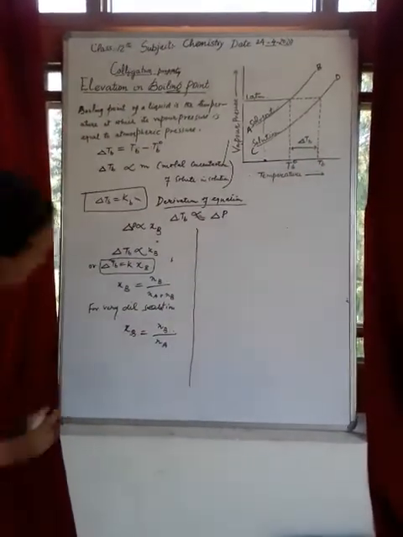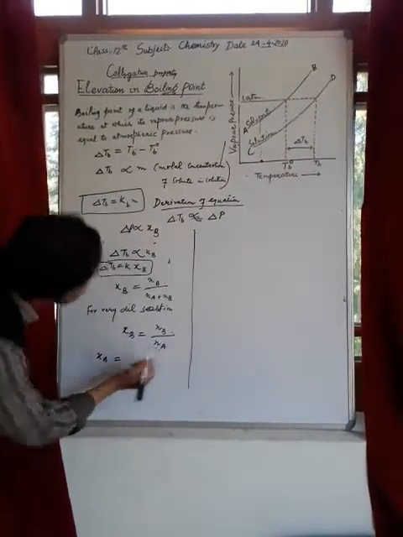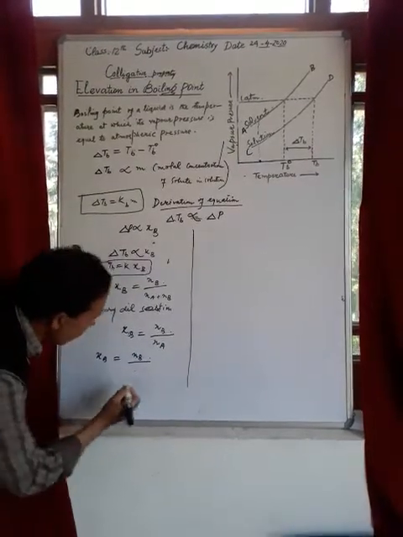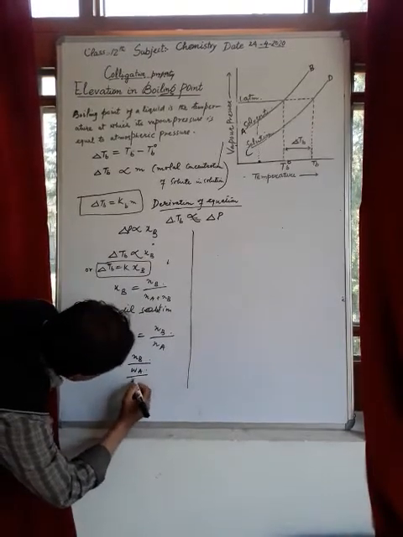Xb is equal to nb by na. Xb is equal to nb, and in place of na we will write Wa divided by Ma.